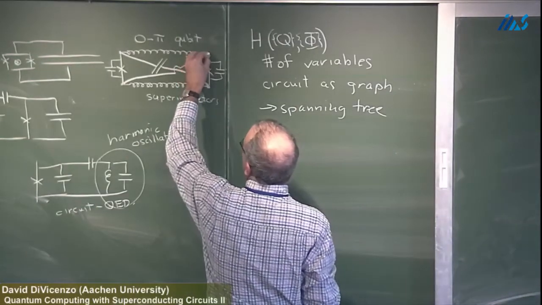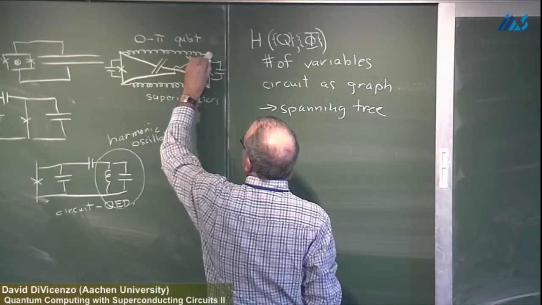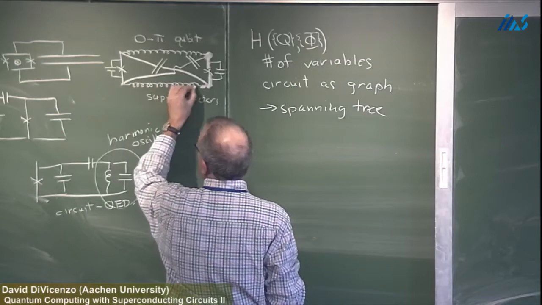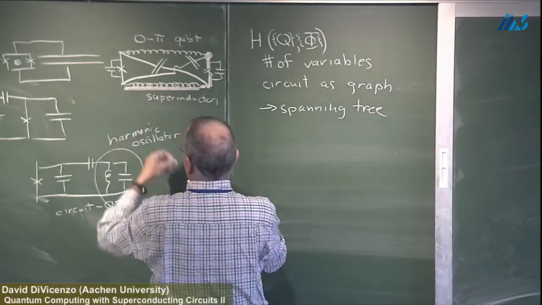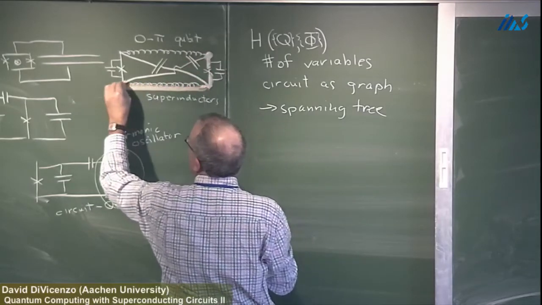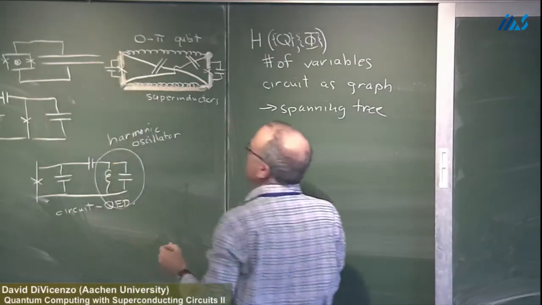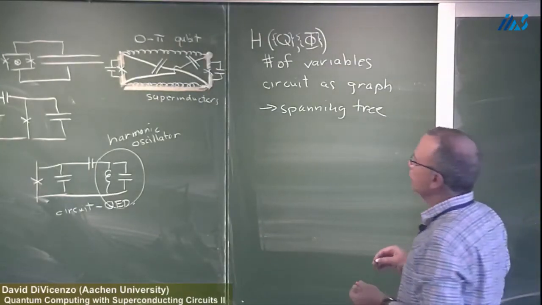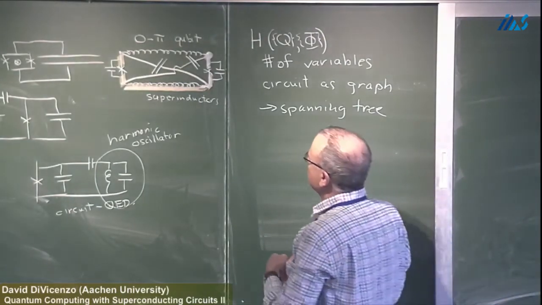So I'll use this qubit to illustrate that. For example, the tree of this, or a tree, it's not unique, I should be using some color, can be taken this way. So it has 3 branches constituting the tree.